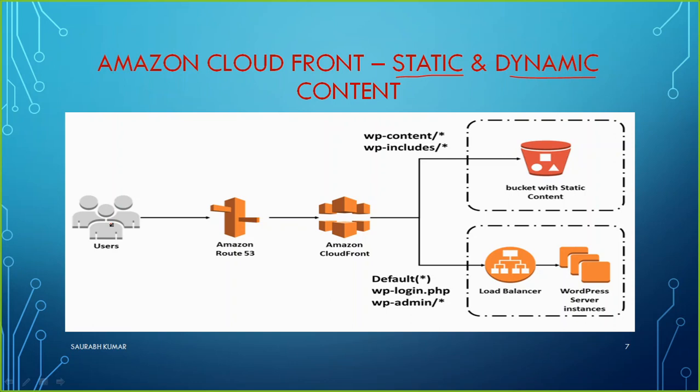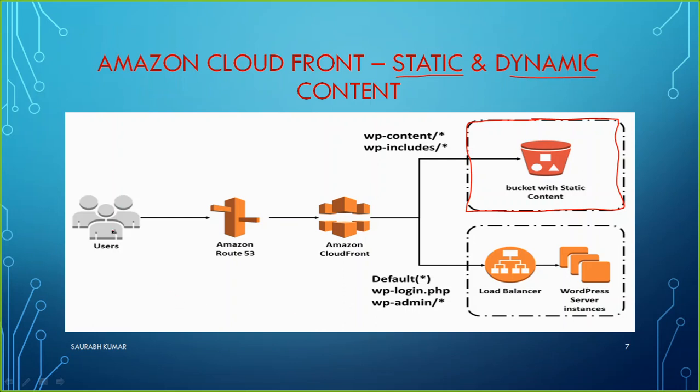Maybe you have some videos, some pictures, some PDF files. All the content may be stored in the bucket. On the bucket, your static content will be there. Static content means content which is not changed every time. And your dynamic information can be running on any of the EC2 instances or a WordPress server.